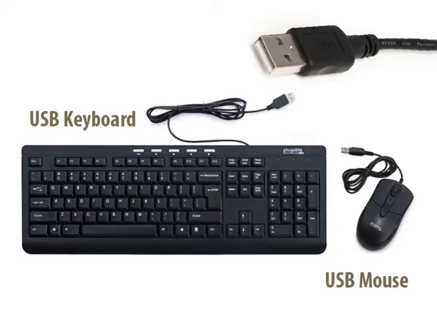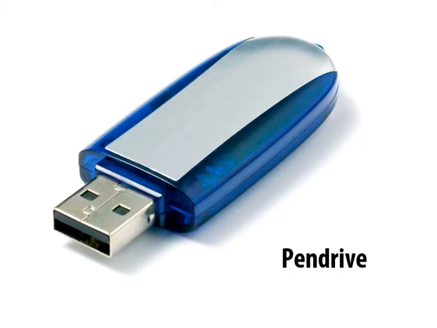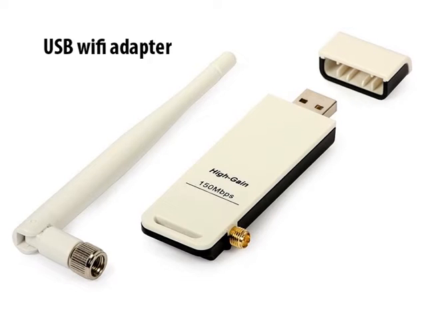Types of USB functions and classes. A USB device can provide a large variety of services. It could actually generate data as in keyboard and mouse or one which absorbs data as in printer. It could also be a third type which stores data as in pen drive or which communicates data in some other form like Wi-Fi.